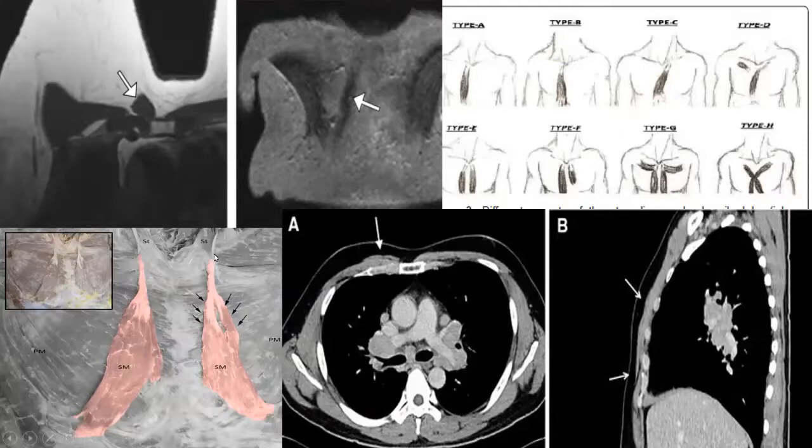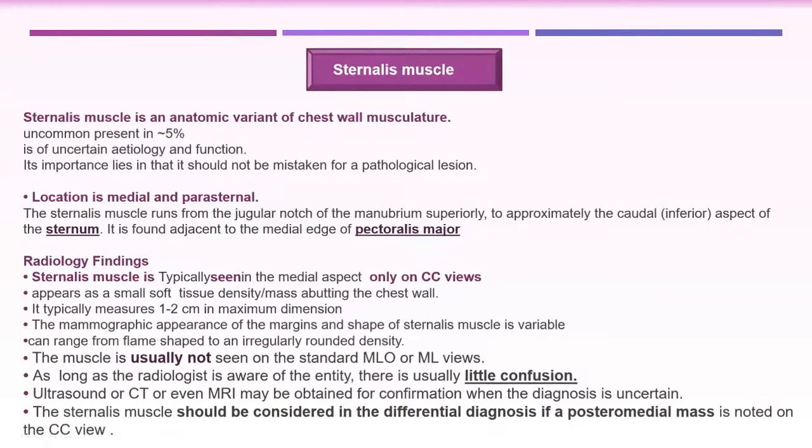The muscle usually arises from the sternal notch of the manubrium sterni down to the end of the sternum, and here it appears flat. This is the muscle projecting over the pectoralis muscles in the sagittal view from above down to the end of the sternum.